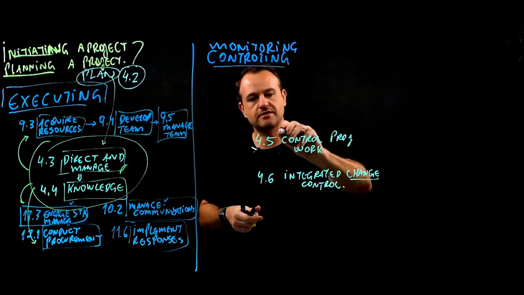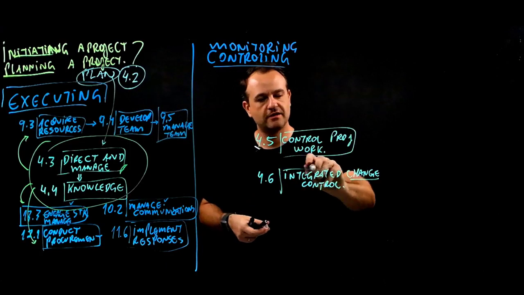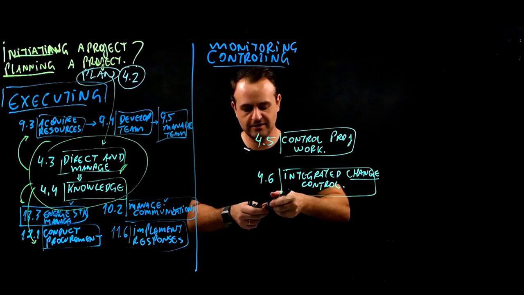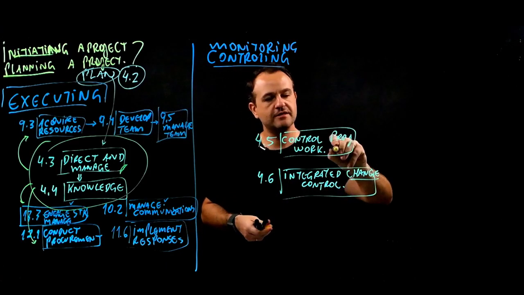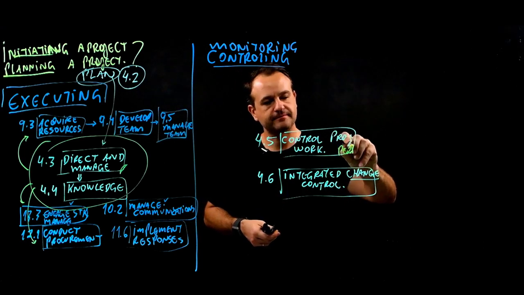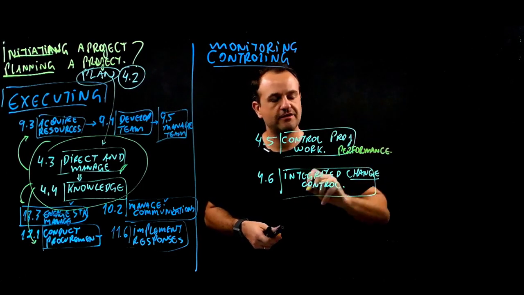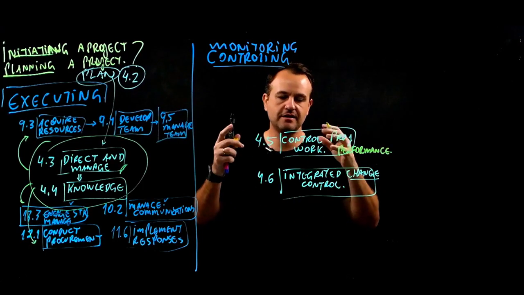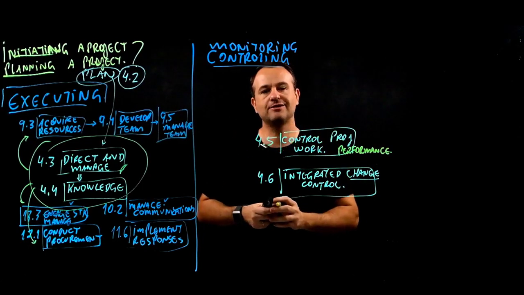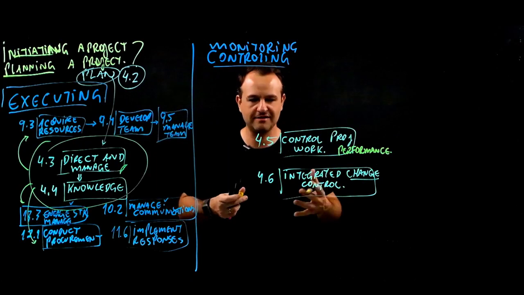Let me just put some notes here that would make it easier for you in understanding the process. So this is performance. If I'm ahead schedule, behind schedule, if I'm over budget, under budget, if the resources are overallocated, suballocated, and all of that.